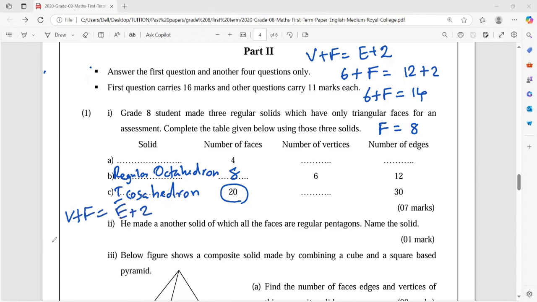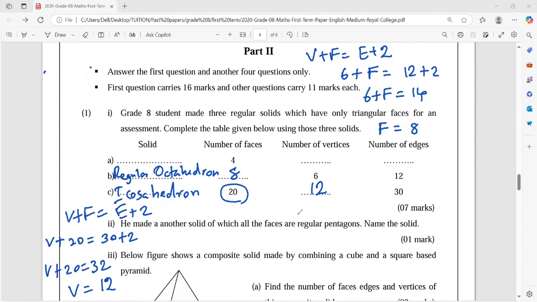Number of faces we know is 20, number of edges we know is 30, and 30 plus 2 is 32. V plus 20 equals 32. Then V, if you subtract 20 from both sides, you get 10. Or sorry, it's going to be 12, right? Then you have 12 vertices.